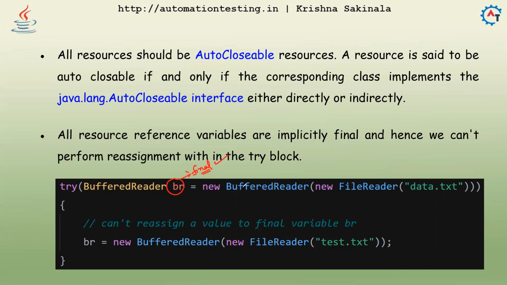So if you point to the data.txt file and inside the try block try to reassign it to test.txt, this is not possible: you can't reassign a value to the final variable br. Otherwise it would point to two files, and the moment it reaches the end, it will not understand which file to close. Because of that, they are restricted like that.